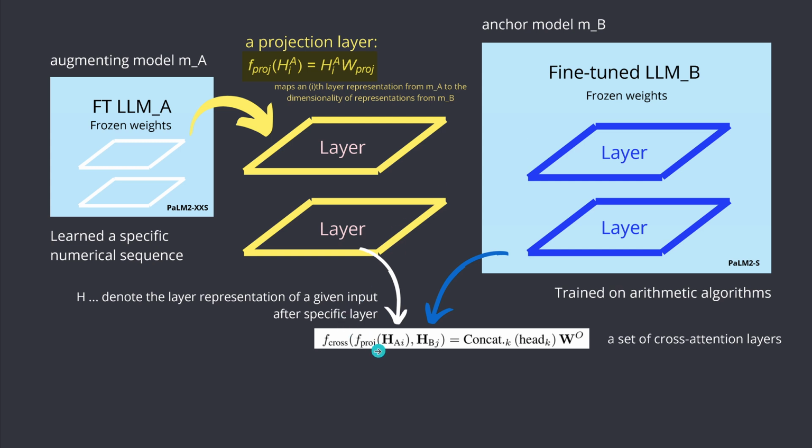So here we have it. As you can see within the parentheses, we have our projection of this specific layer representation of our model A, the ith layer. So this is exactly what we're looking at.